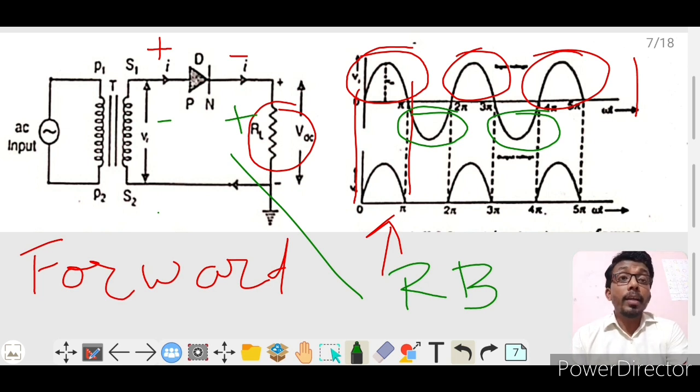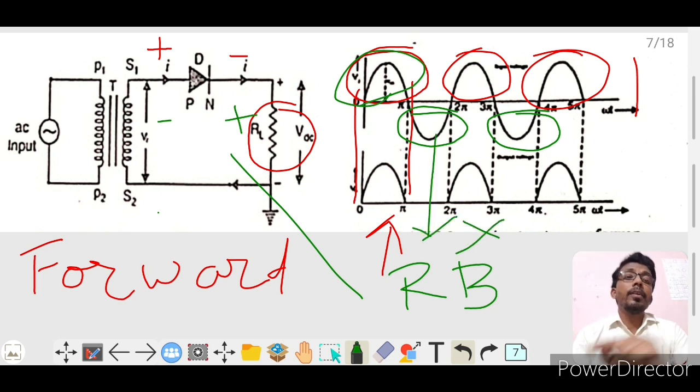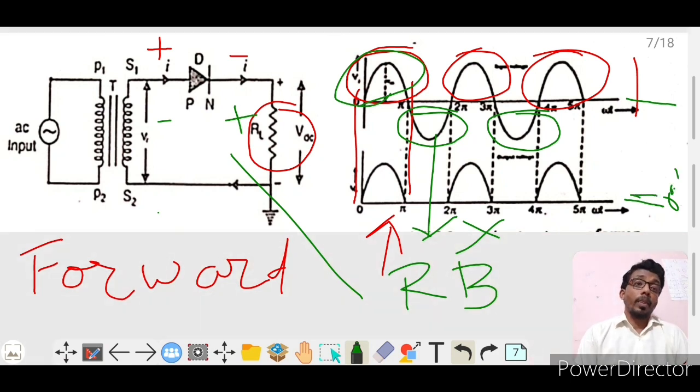So although we are getting conduction for this particular cycle, we are not getting any conduction during the negative cycle. To be very specific, we have shown that our conduction is starting exactly from 0. No, it will not start exactly from 0. It will start somewhere here, that is 0.7. This has to be remembered.